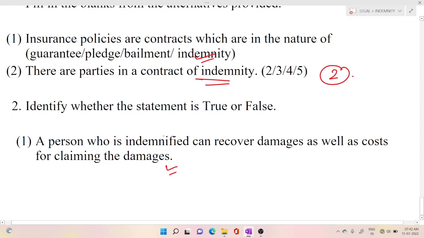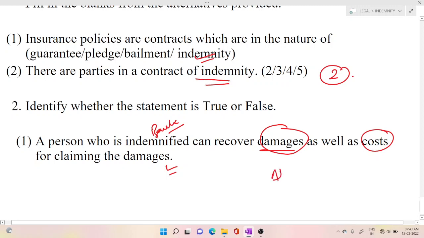That is, yes, the indemnified bank can, in our example, who is the indemnified? The bank is indemnified. He can recover damages as well as cost. I've already told you the rights of the indemnity holder. Out of the 4 points, the damages were one and the cost were one. The other two were, what were those?